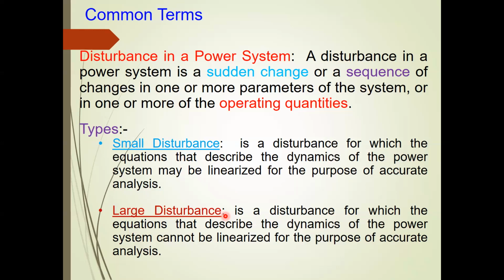The initial operating point was 500, and now it should be 400 more, 900 MVA. Thus the change in the operating condition from 500 MVA to 900 MVA is much larger.